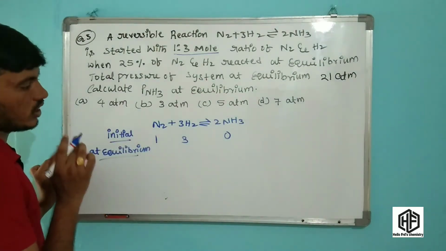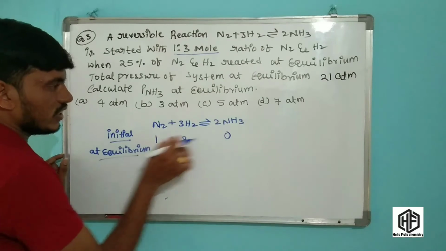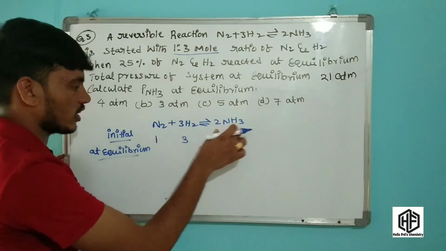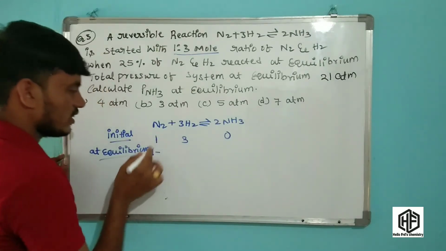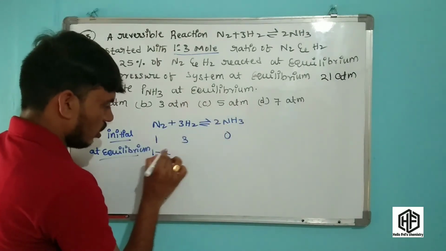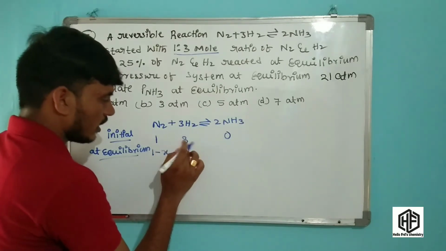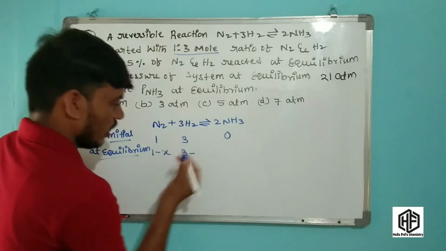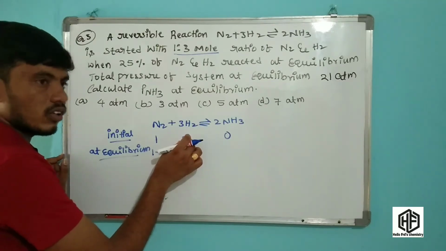One more important point: 1 mole of N2 reacts with 3 moles of H2 to form 2 moles of products. At equilibrium, 1 minus x moles of N2 remain.